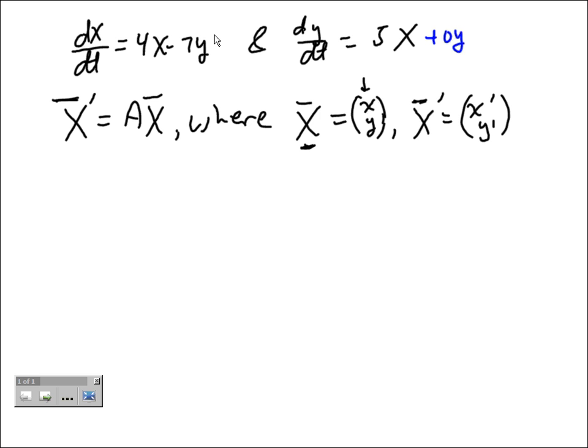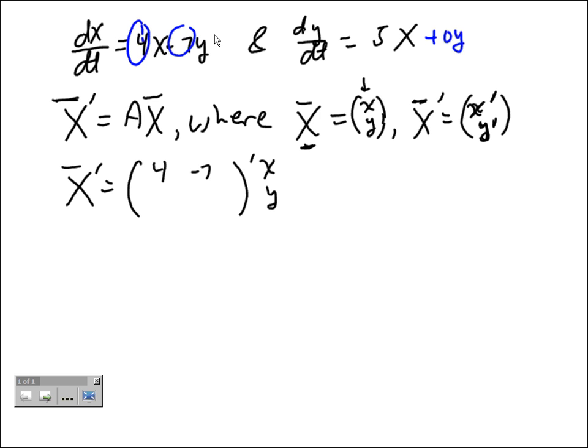So what we do is we say x prime bar, which really means little x prime, y prime, is equal to some matrix times x bar. If I put 4 and negative 7, when you multiply, you're going to get 4x minus 7y.